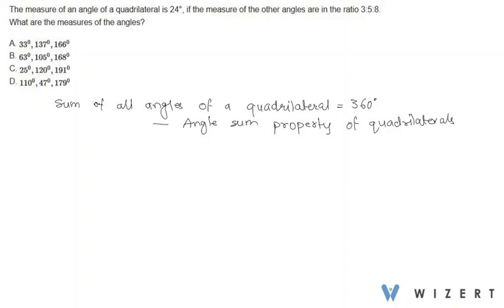Now we are given in this particular quadrilateral one angle, angle 1, equal to 24 degrees, and the other angles are in the ratio 3 is to 5 is to 8. Now let's assume a common factor x in other angles.